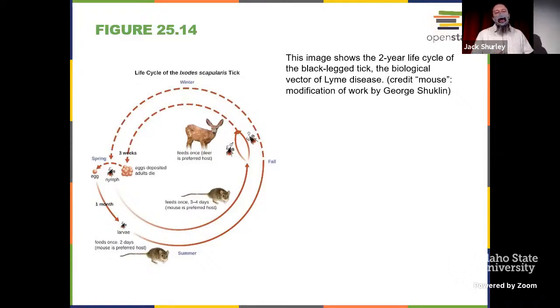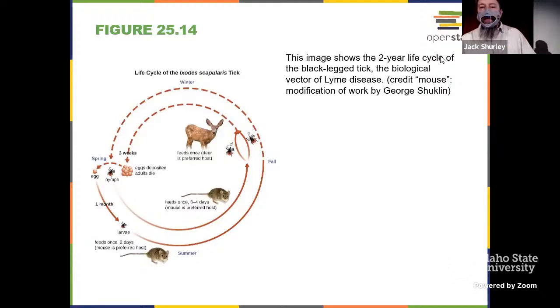As we go through the larval stages, each stage of development requires a blood meal in order for that tick to grow, to molt, and to develop into the next stage. So multiple blood meals are needed, and it sets the stage, as they are feeding, to transmit the infection.